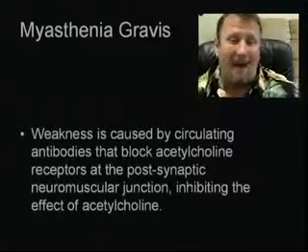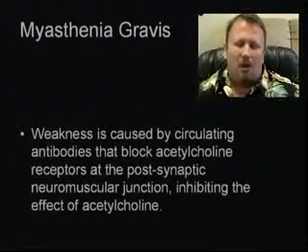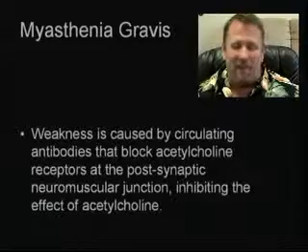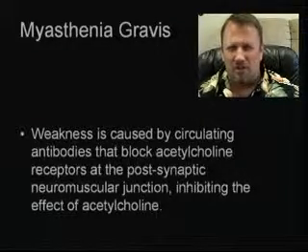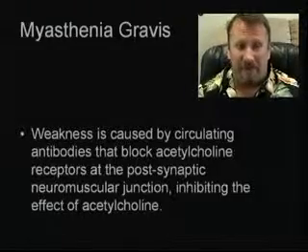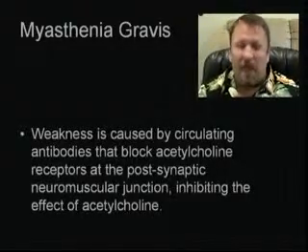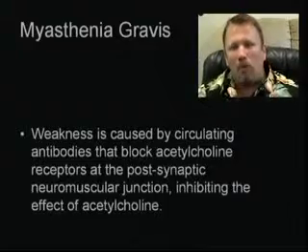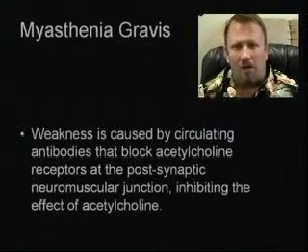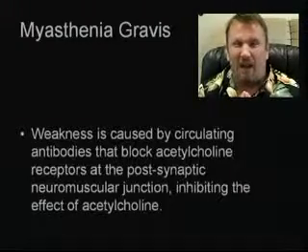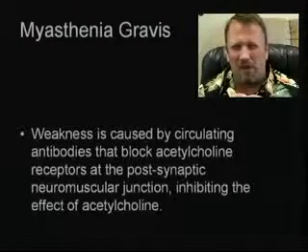Which leads us to myasthenia gravis. It's a weakness caused by circulating antibodies that block the acetylcholine receptors at the neuromuscular junction, and this is going to inhibit the effect of acetylcholine on the muscle. Antibodies are immune globulins. They're made by the immune system, and they're designed to attack viruses, bacteria, and other foreign substances.